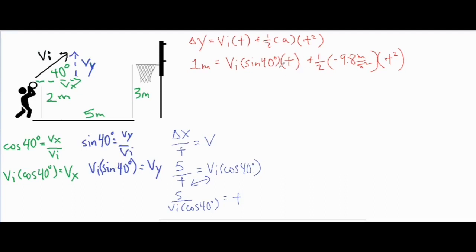So I'm going to grab this t over here, and I'm going to sub in 5 over VI times cosine of 40 degrees. So let's go ahead and rewrite this whole entire expression here.